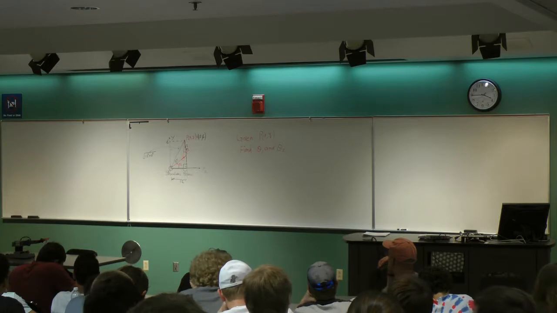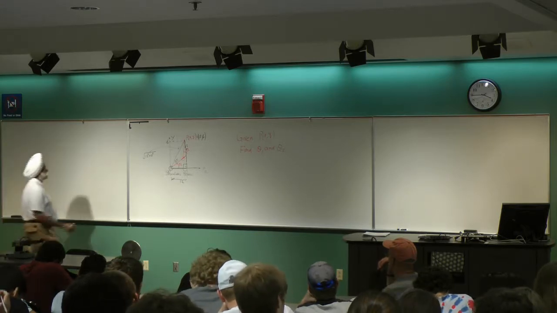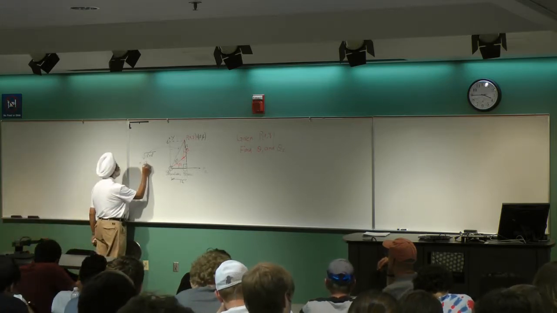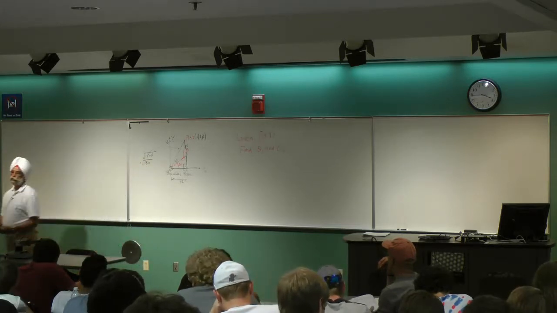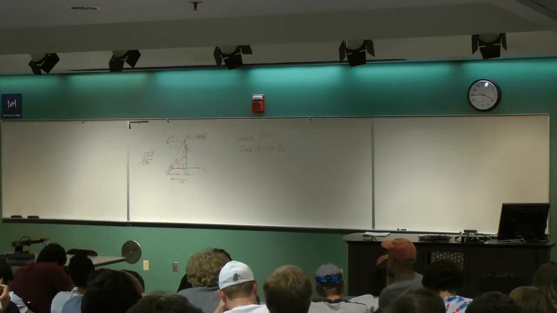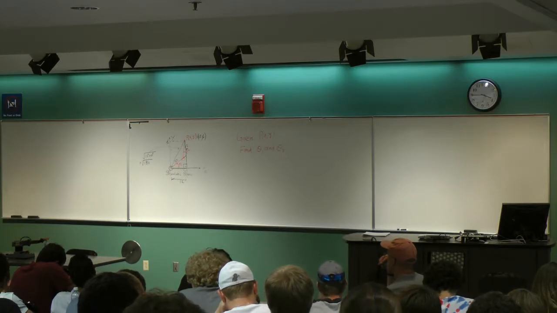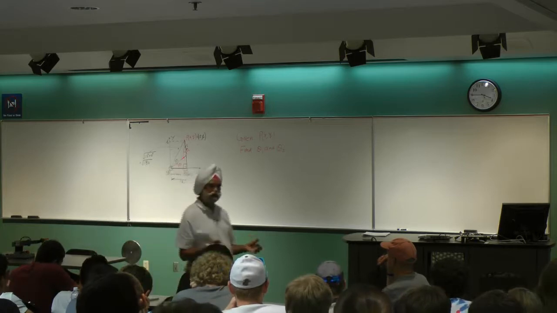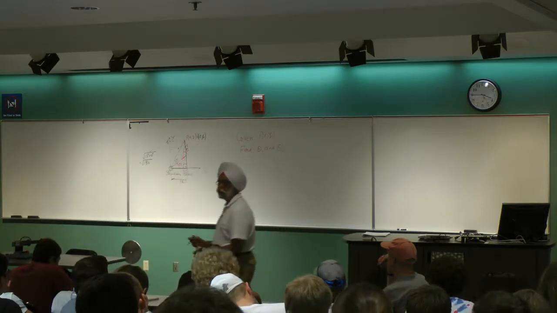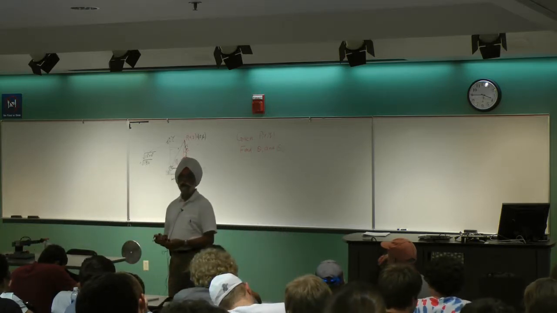Agree? And what will that be? Is that the square root of 180? 12 squared is 144, right? 6 squared is 36. You add 144 and 36, that is 180. All right, so we have that. But that didn't give me angle theta 1 and theta 2.